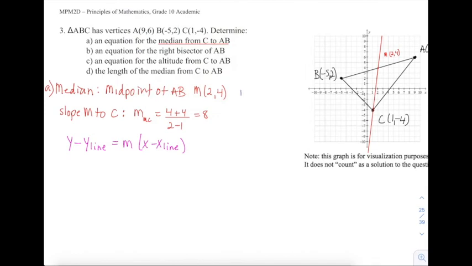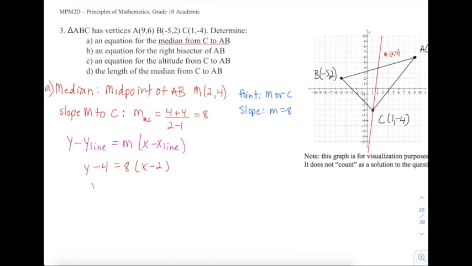My point is either M or C because they're both on the line, and my slope has to be m equals 8. So I'm going to put 8 in here. I think M might be slightly easier.